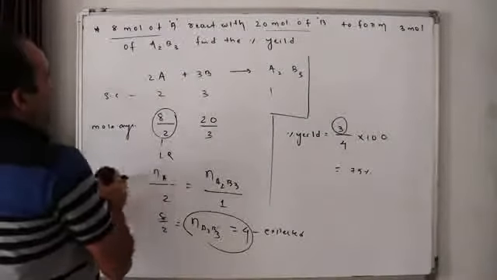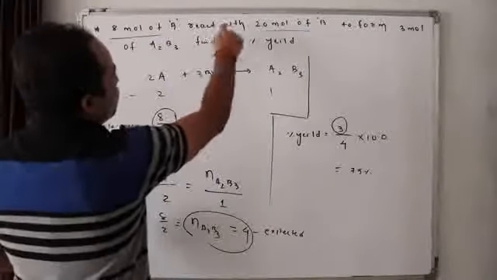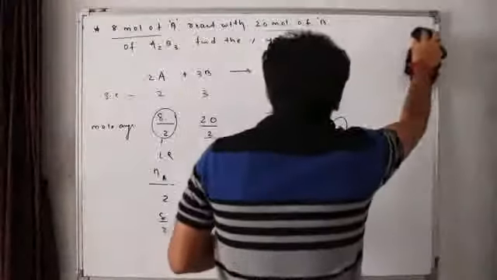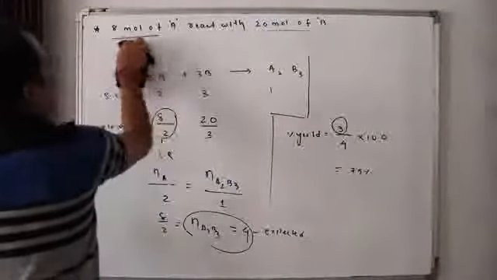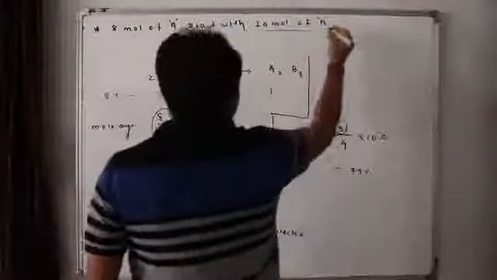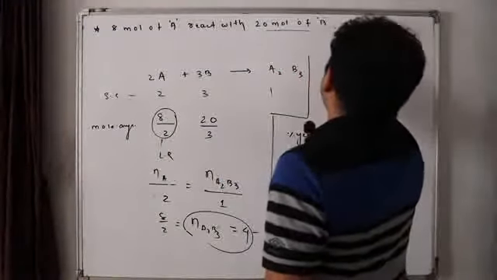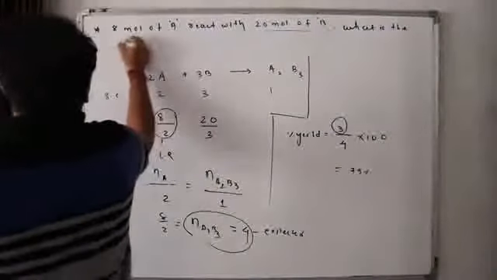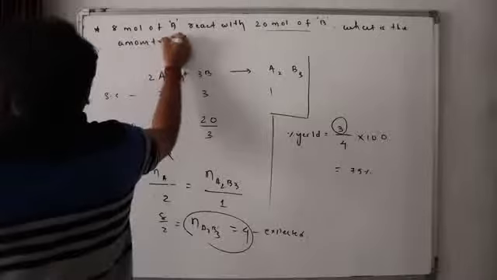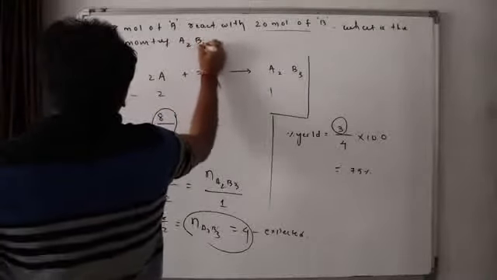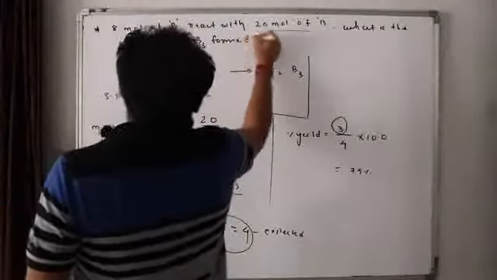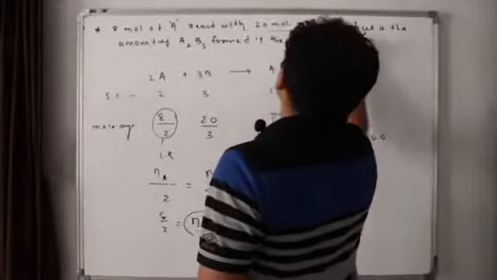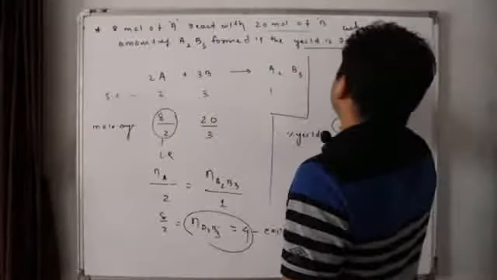If the question is 8 moles of A reacts with 20 moles of B to form A2B3, from here just a small change: what is the amount of A2B3 formed if the yield is 75%? See, just I change this question.